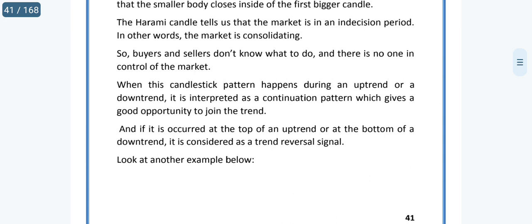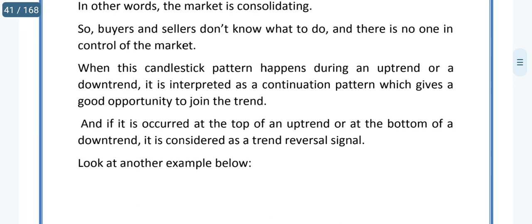When this candlestick pattern happens during an uptrend or a downtrend, it is interpreted as a continuation pattern, which gives a good opportunity to join the trend.